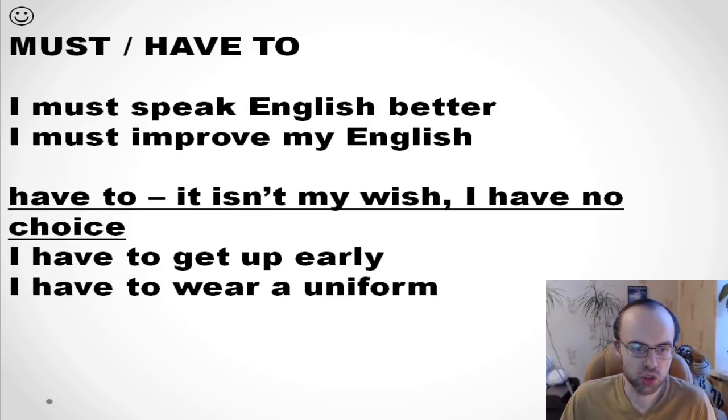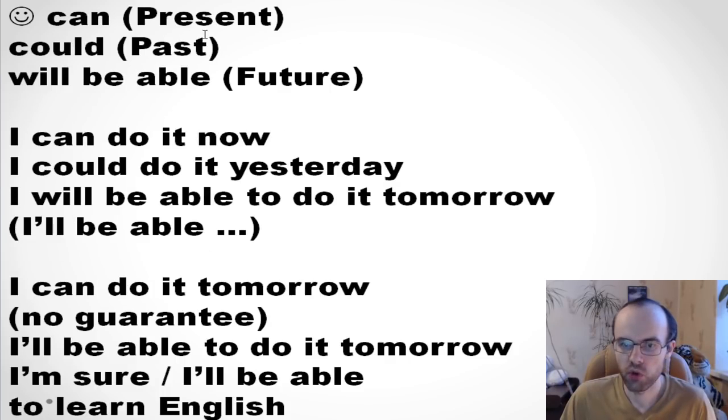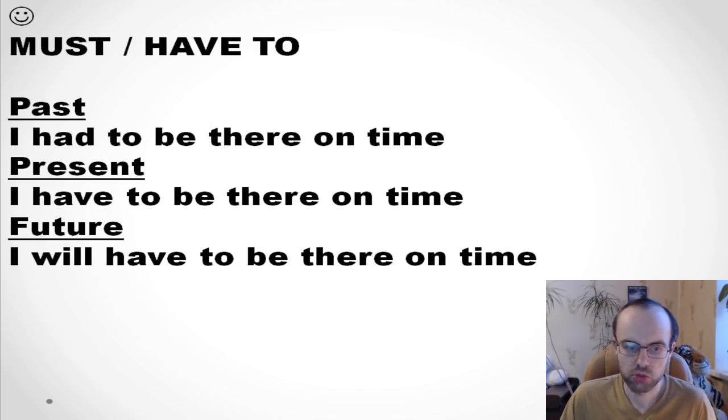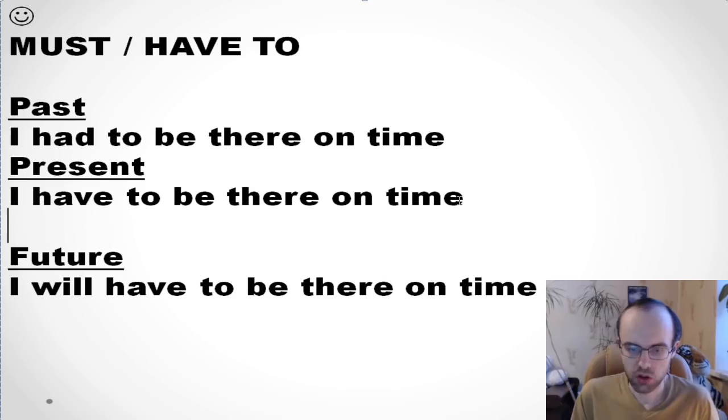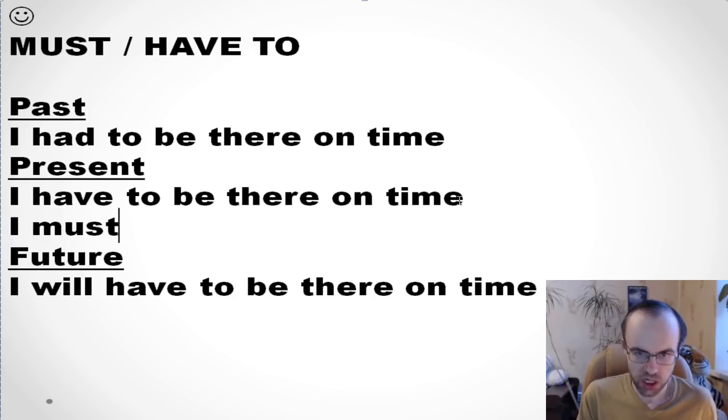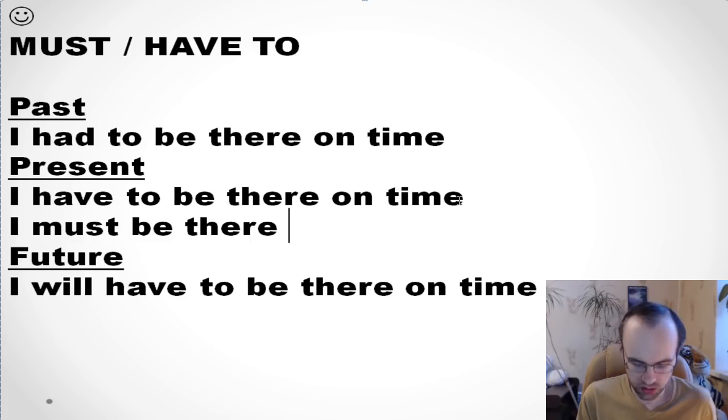So you see that we talked about can for present, past and future. Let's do the same with must for past, present and future. I think it's a good idea. If you look at the present time, have to or must, you can say I have to be there on time, or I must be there on time.